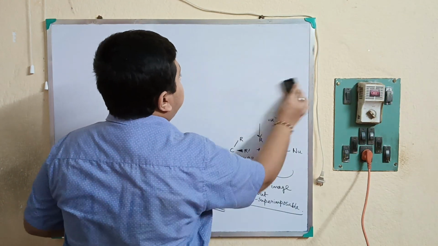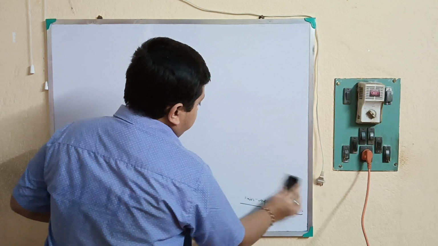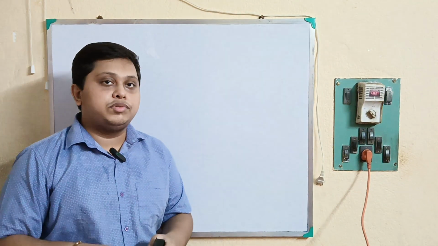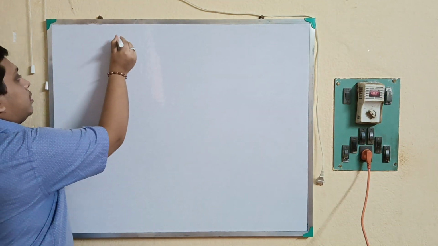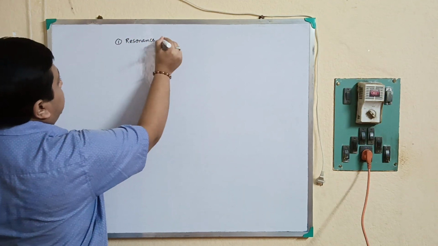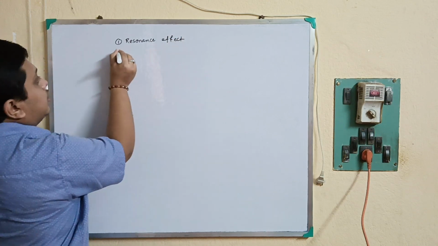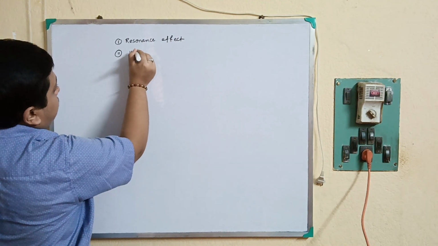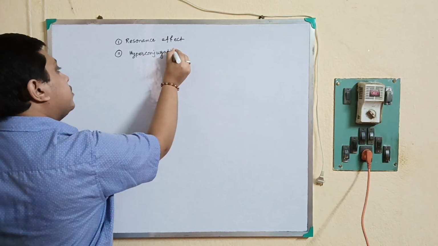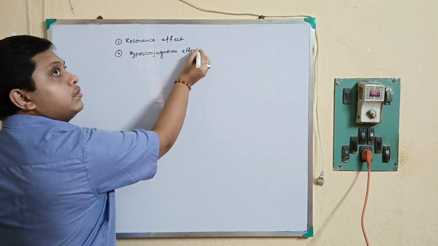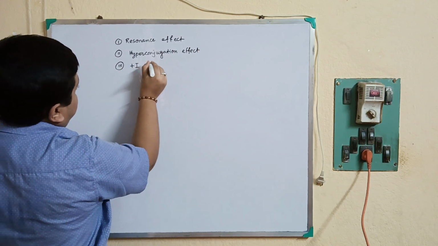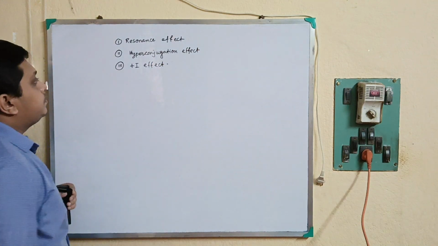According to the carbocation stability, the factors which affect the stability of a carbocation mostly are: number one is resonance effect, number two is hyperconjugation effect, and number three is plus I effect, that is positive inductive effect.